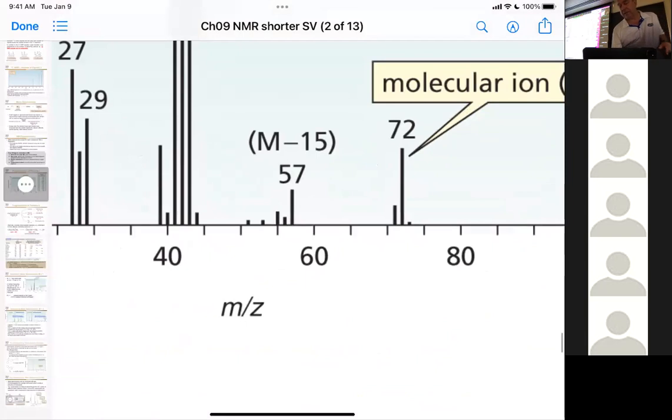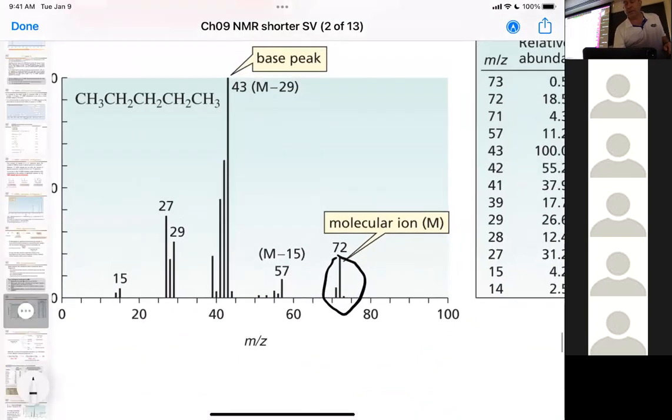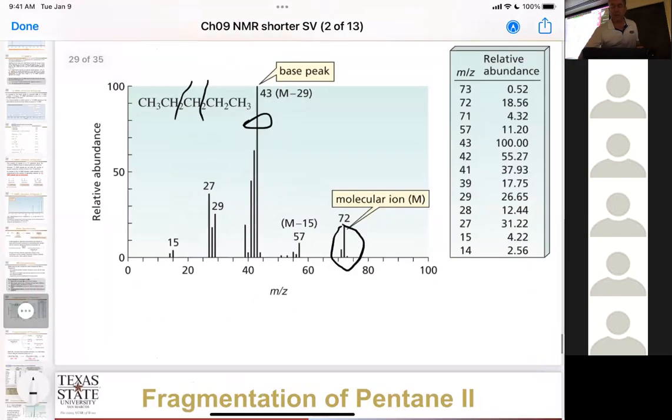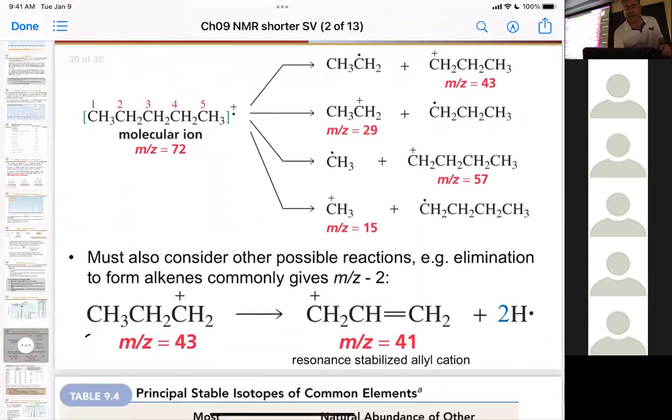So obviously this is our molecular ion peak because it's the highest one up. And this is our most stable fragment right here. We get that most stable fragment from breaking either here or here to give you 3 carbons. And then what can happen is that this most stable fragment can decompose again to give us another fragment right here.